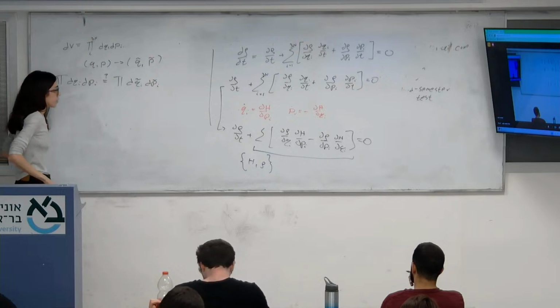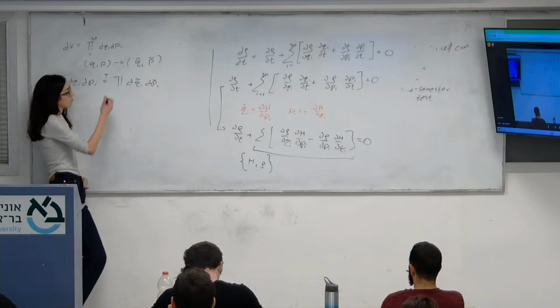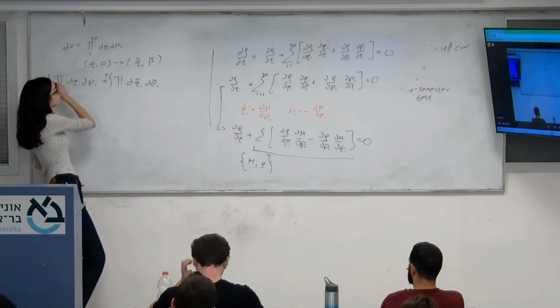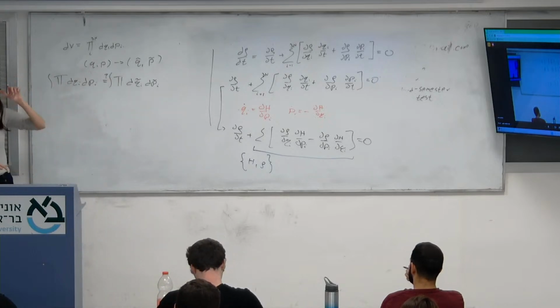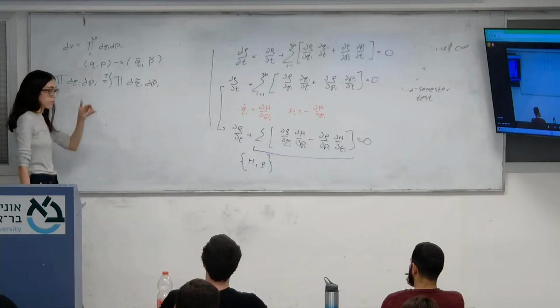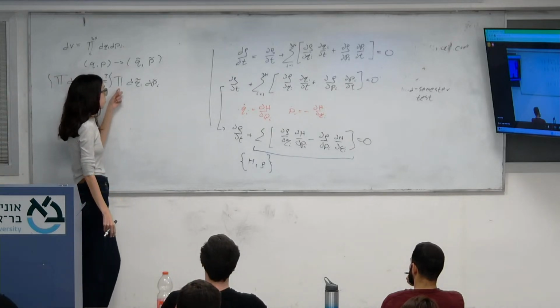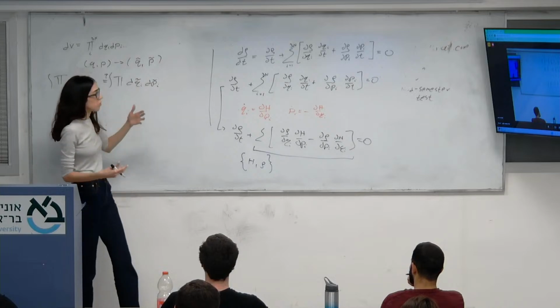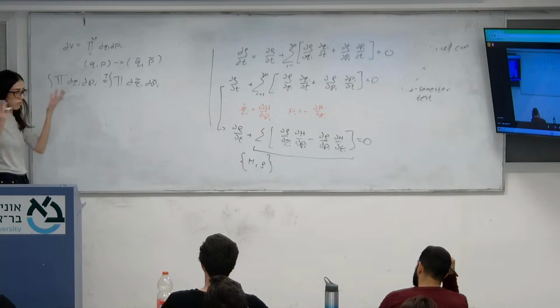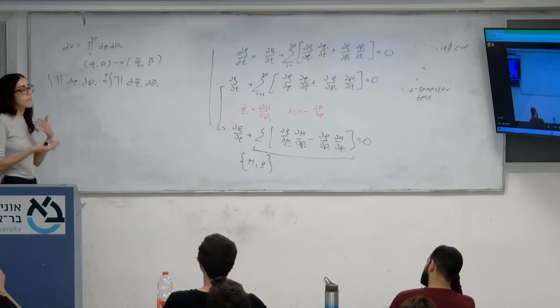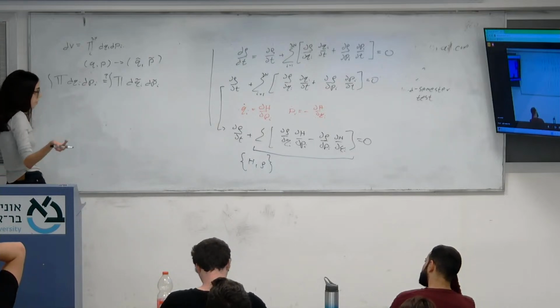So if we do look at an actual volume, we integrate over all of the different variables. So how are we going to change from one set of coordinates to another set of coordinates, just in general? Multiply by Jacobian. Exactly.